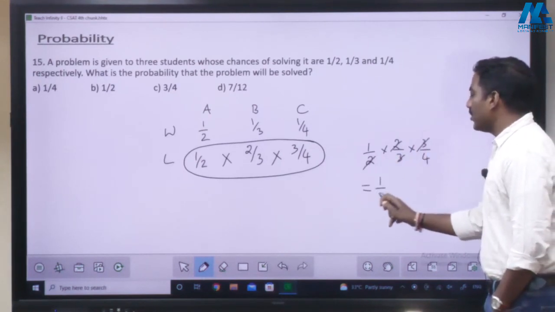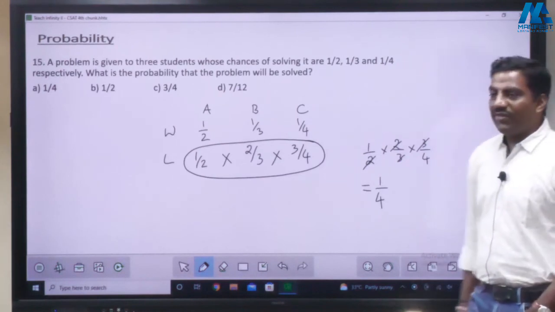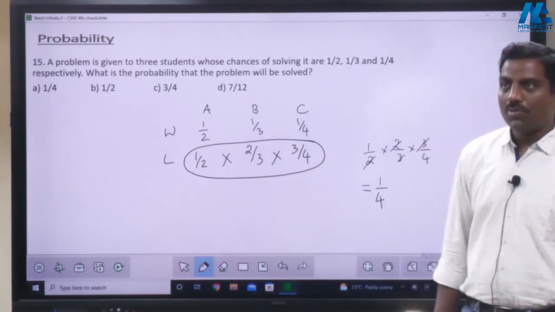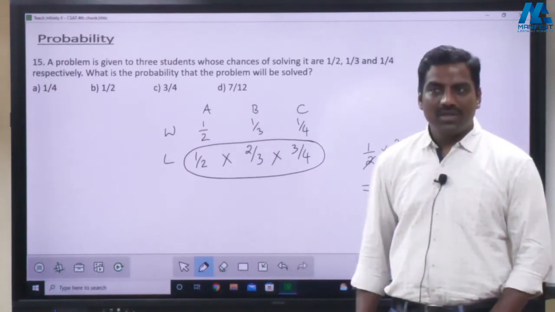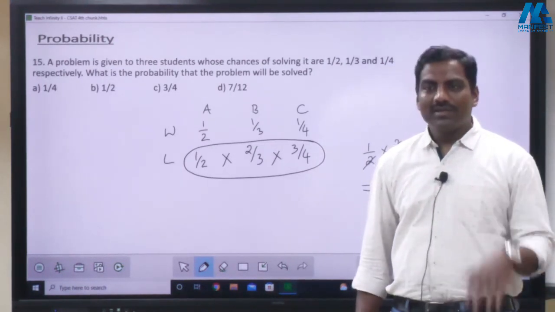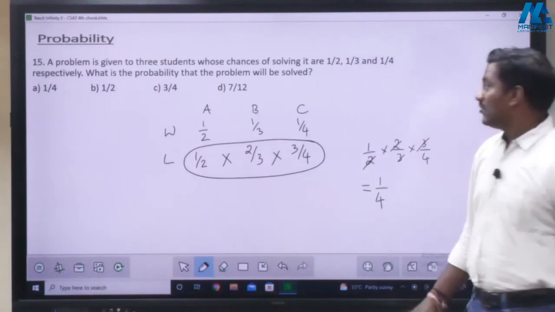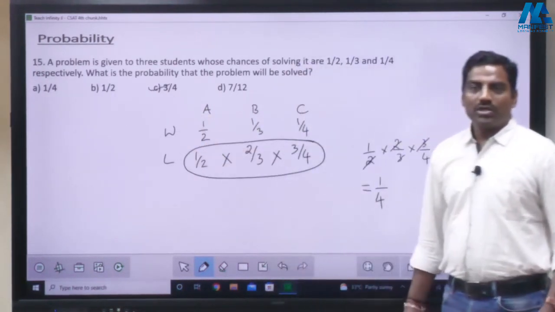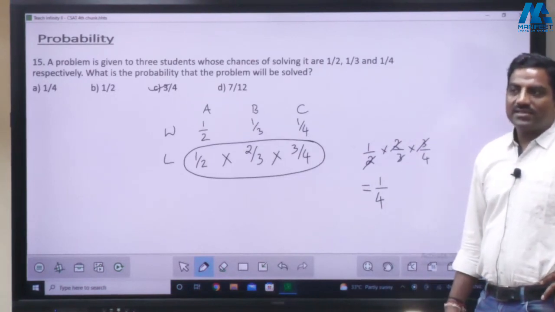This is 1/4. So only in 25% of the cases the problem will remain unsolved. Otherwise, the problem will be solved, in 75% of the cases. Yes?